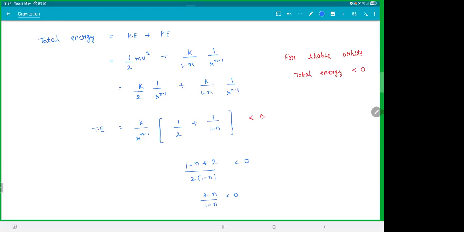But we already proved that n is greater than 1. If n is greater than 1, this number has to be negative. So then 3 minus n has to be positive. This will give you n is less than 3. So your final answer, the value of n should lie between 1 and 3.